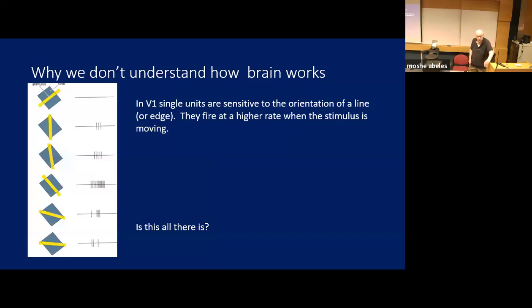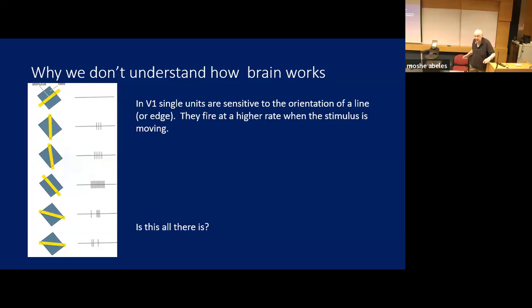Another example, visual cortex, V1. Everybody knows, this is from a textbook, that a neuron is sensitive to direction of a line or edge. In this direction, it fires at a higher rate, lower in this, and none in this direction. And it fires more when the target is moving, either in this direction or in this direction.